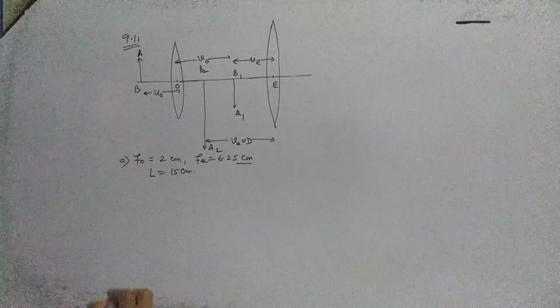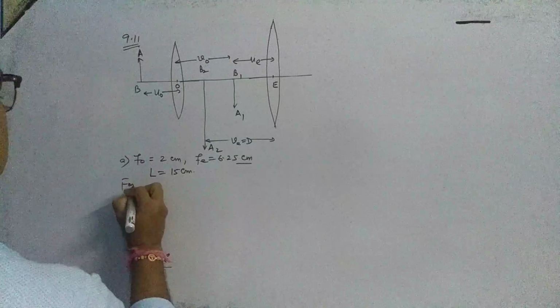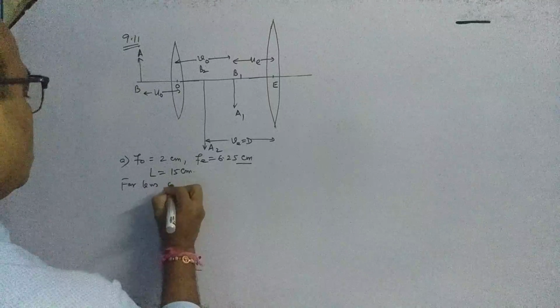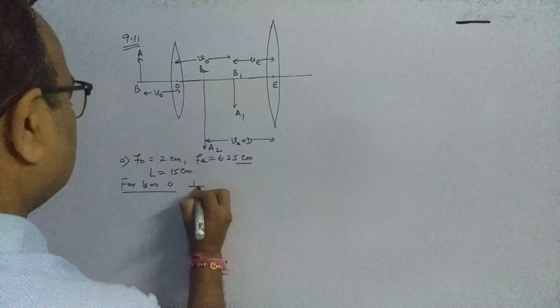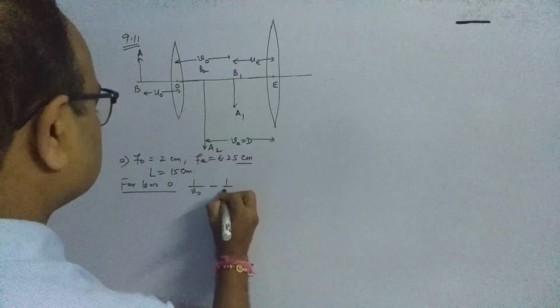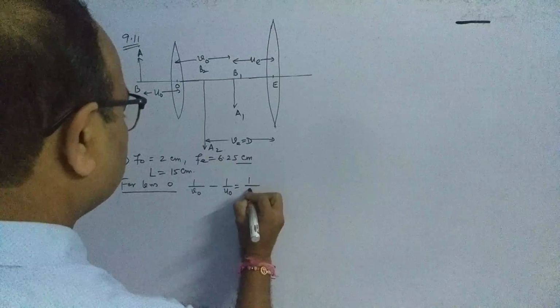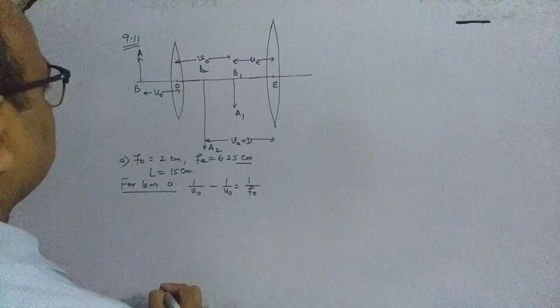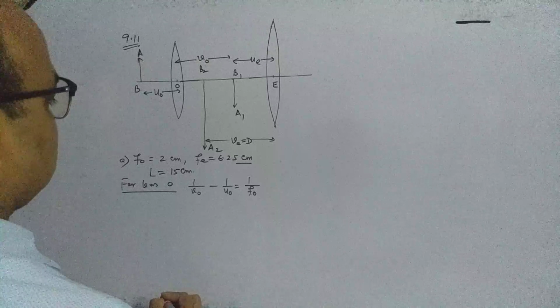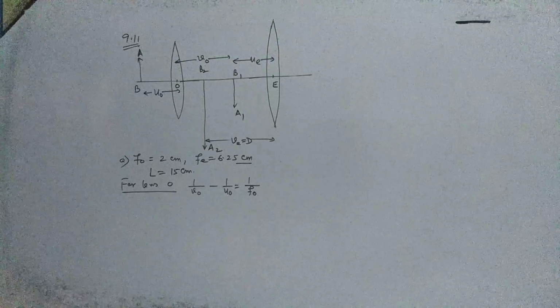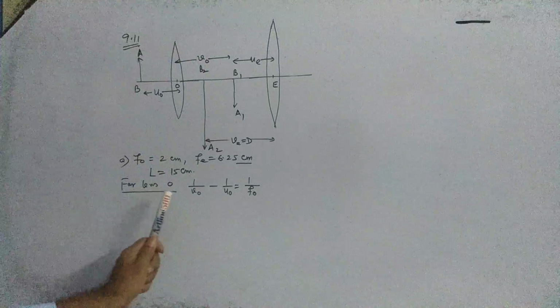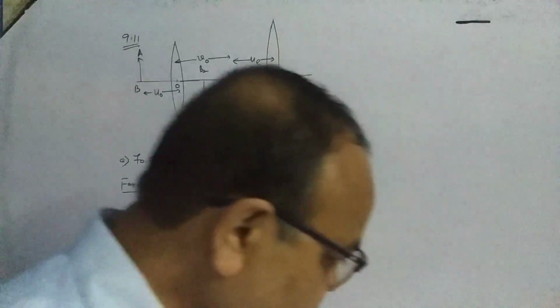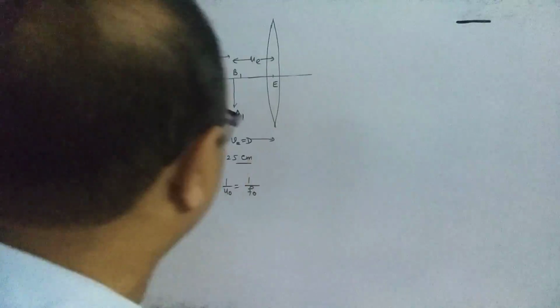First, let us take lens O: 1 by VO minus 1 by UO is equal to 1 by F. In this I have to find out the value of UO.